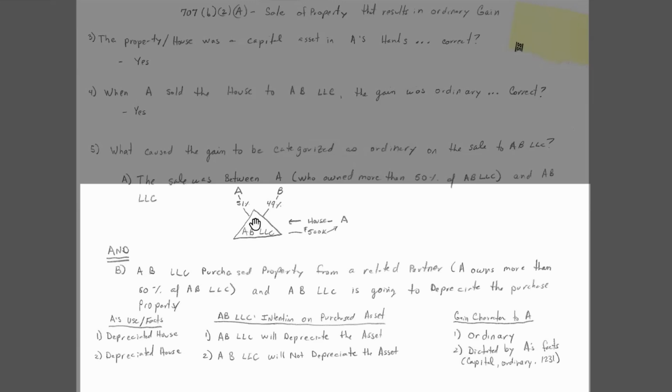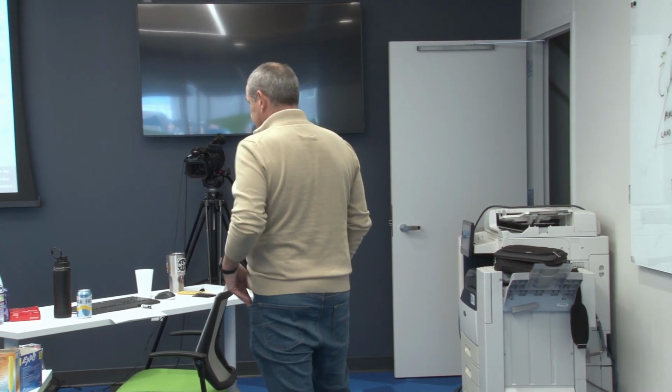If AB will not depreciate it, it's dictated by A's facts, which is going to be whether it's capital, ordinary, or 1231. That's going back to my original comment earlier that you have to look at the purchaser's intent with respect to that property to make an assessment as to whether that's going to be an ordinary gain or whether it's going to be capital.